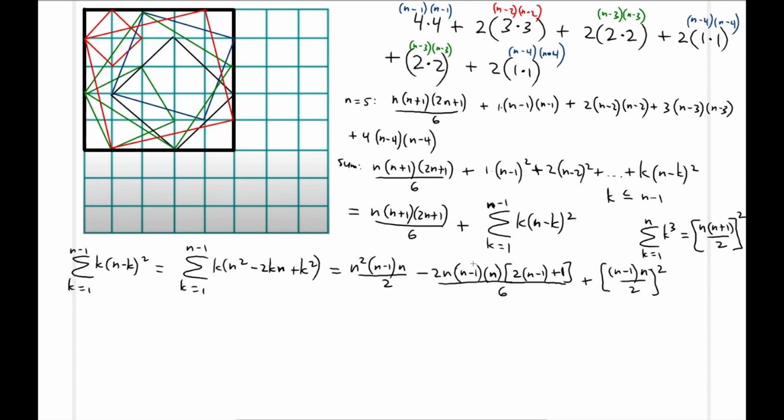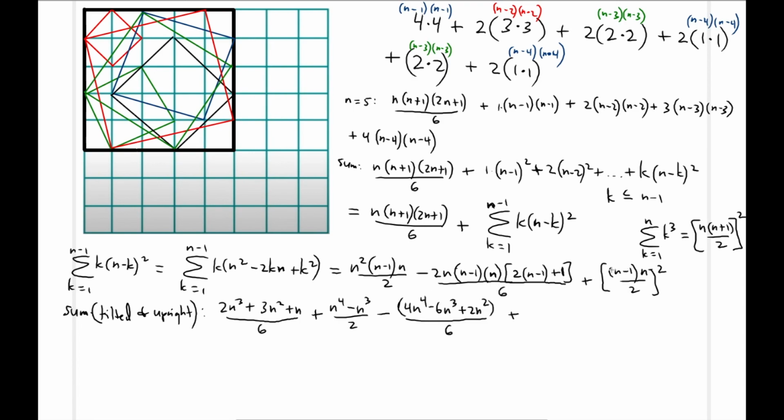I'm going to combine this. Notice that this is the number of upright squares, right? So I'm just going to distribute everything here. And then here we're going to have n to the fourth, right? Starting from the first term of the tilted sum that we found. Minus, and then here it's going to be crazy, but you should just write, and then plus, and then here we're going to have what?